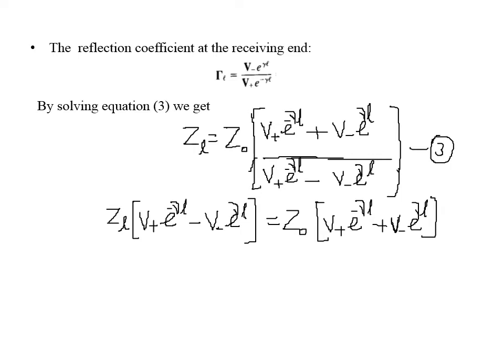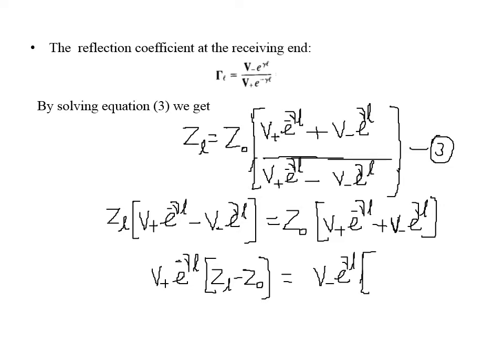Now I'll keep the V plus term on one side: V plus e to the power minus gamma L into (ZL minus Z0) is equal to V minus e to the power gamma L, which I keep outside, into (ZL plus Z0).